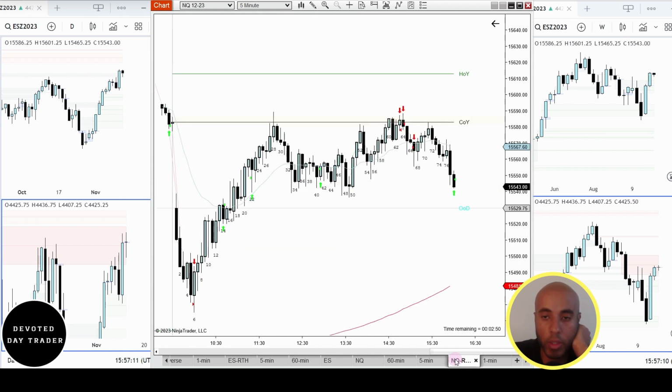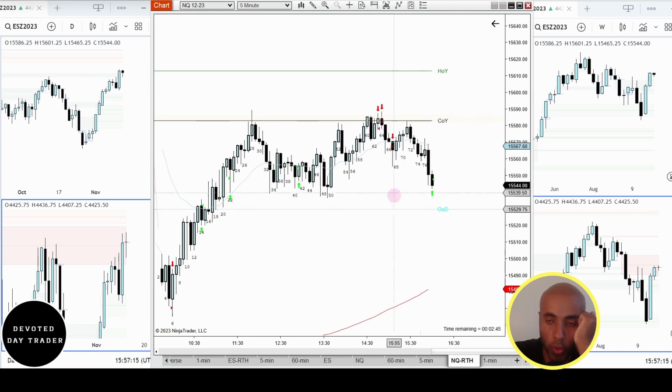And I don't think it's going to go much lower today. I think it's probably going to close around where the market is currently trading.